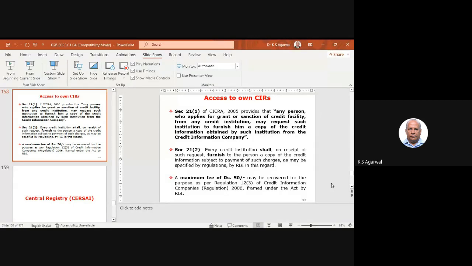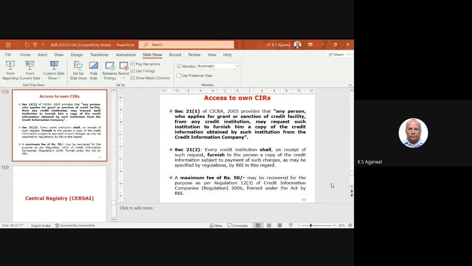It means if a borrower comes to you, he applies for a loan, and you have drawn a credit information report from CIC, he can request in writing that you please provide a copy of this CIR. He may request. It is up to him whether he requests or not.